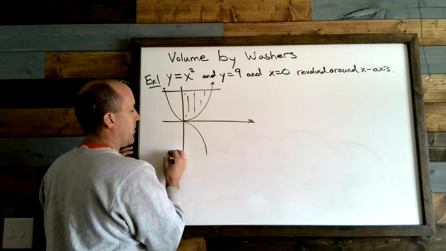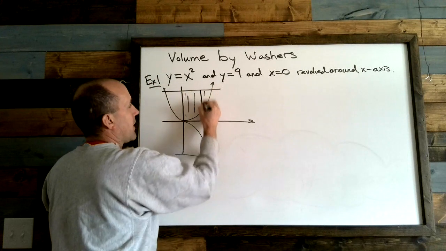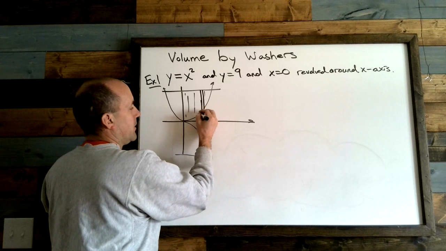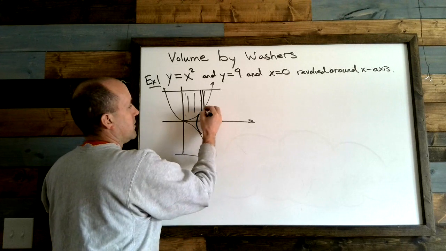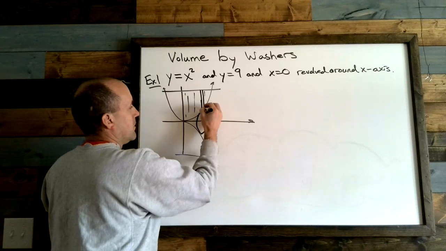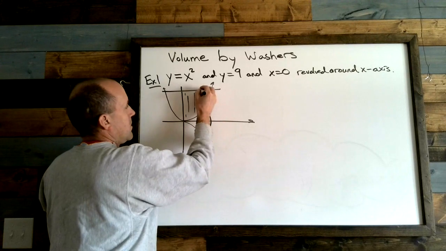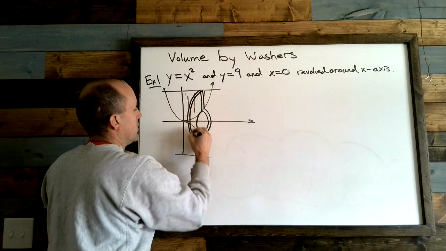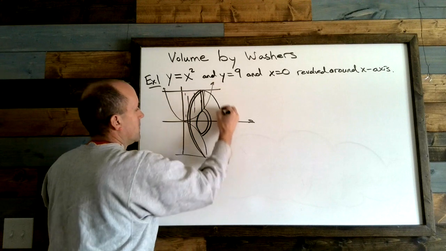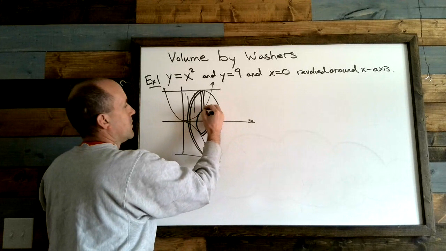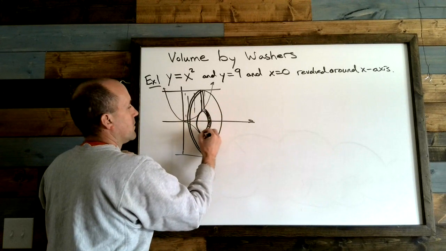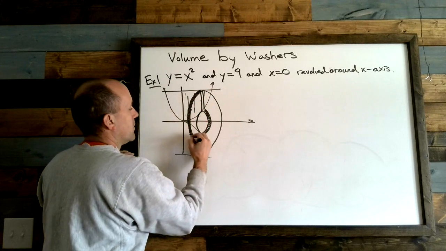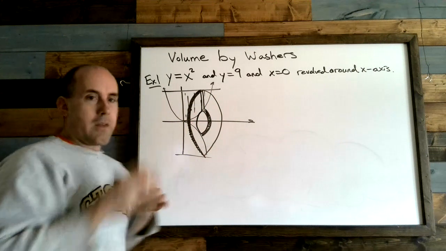I'm going to take a rectangle from the area, and when I revolve that rectangle around, that's the shape that I get.